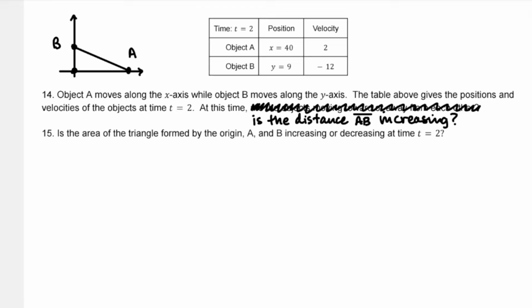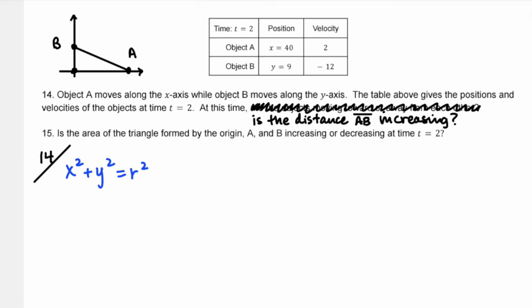So for number 14, the distance: what I know about that is we're thinking about the sides of the triangle, and so that's x squared plus y squared equals r squared. That's the relationship I'm going to want to take the derivative of. I know the velocity of object A, that's dx dt.